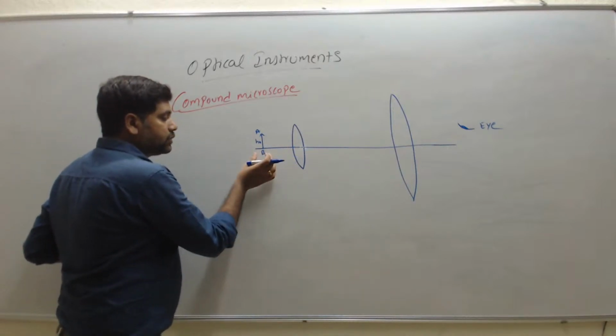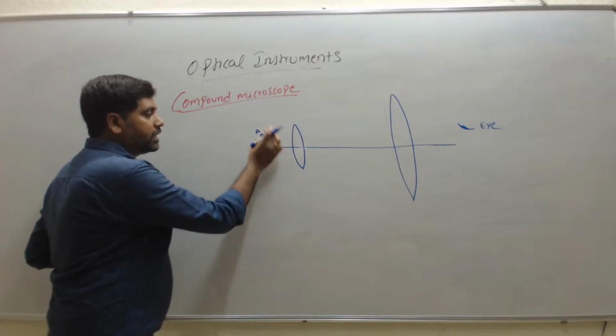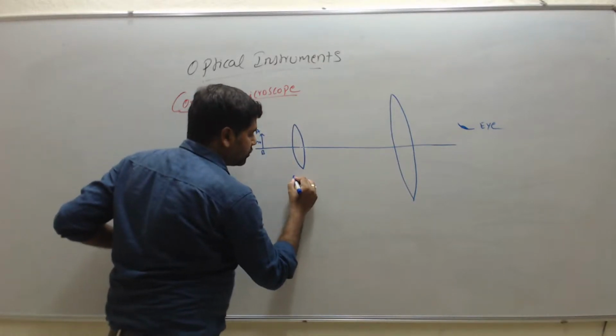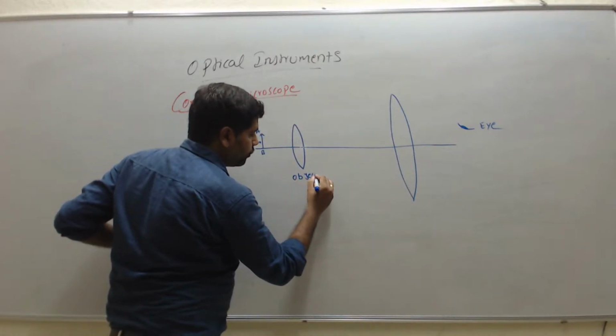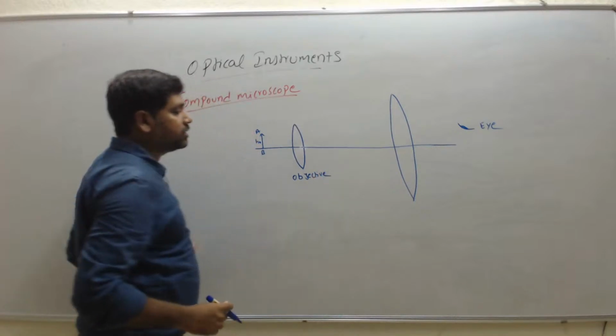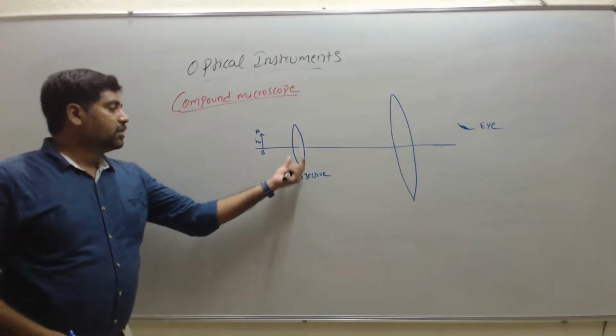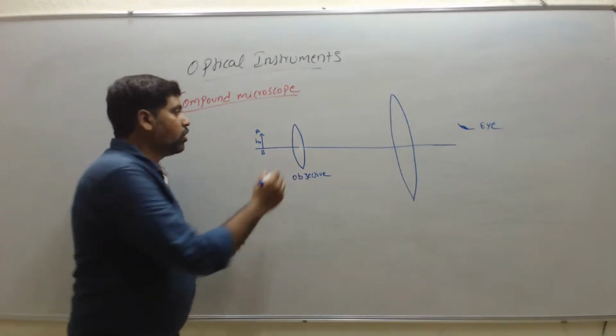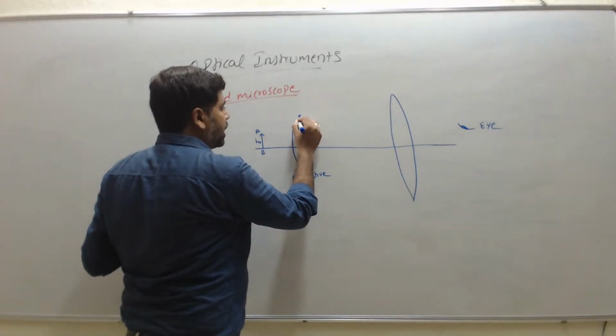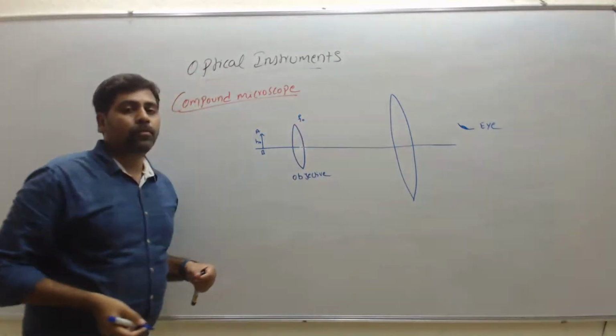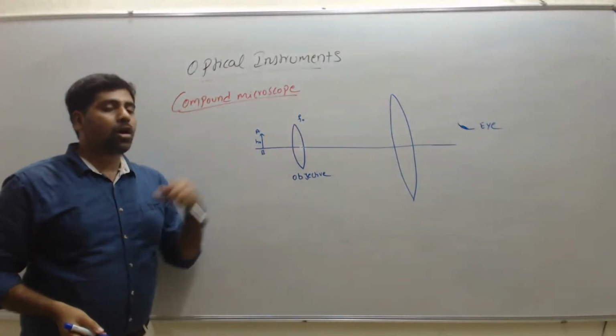The lens placed nearer to the object we call the objective, and its focal length we take as FO, the focal length of the objective.